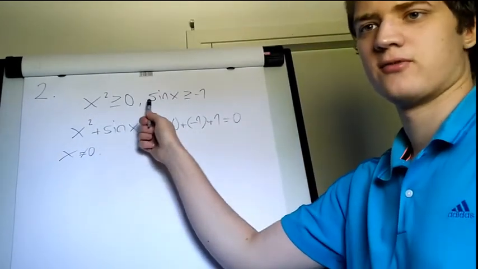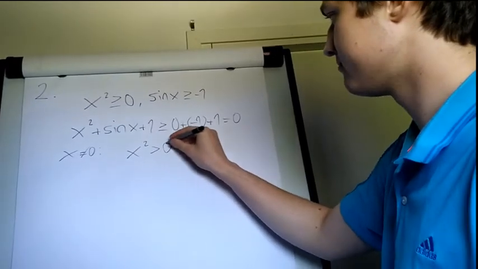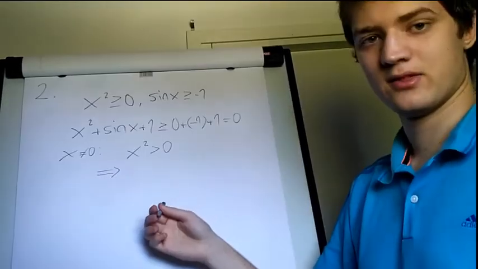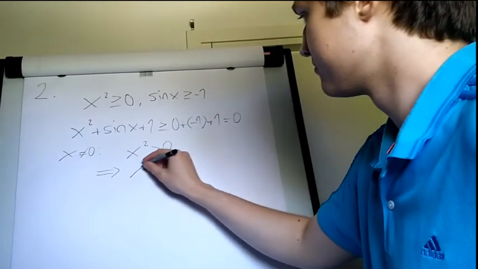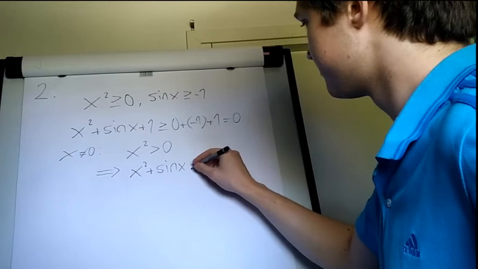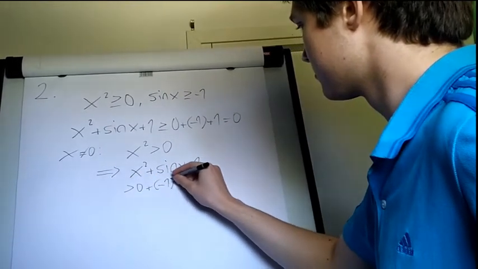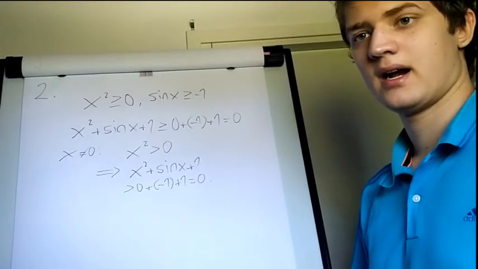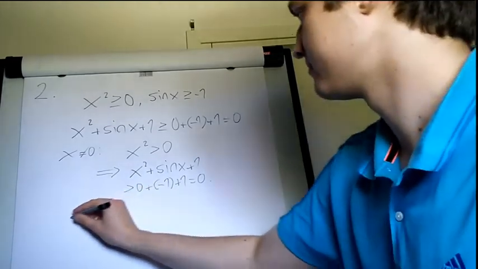We get a better result for this one. We get that x squared is greater than 0. And this leads to the fact that the whole expression is strictly greater than 0. Like this. And now we only have to check the case x equals 0.